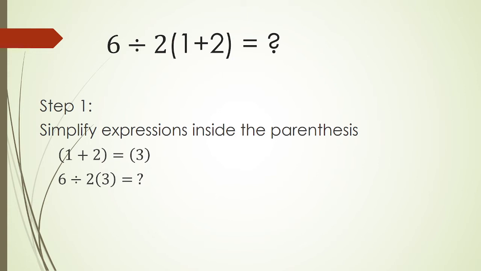So what should be our first step? Okay. So going back to GEMDAS, we need to look for the grouping, or in this case, the parenthesis. And this problem has expressions contained inside the parenthesis. So we need to simplify these expressions first, no?